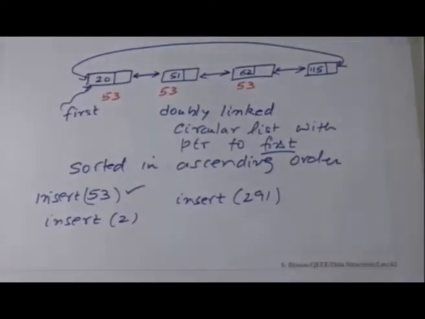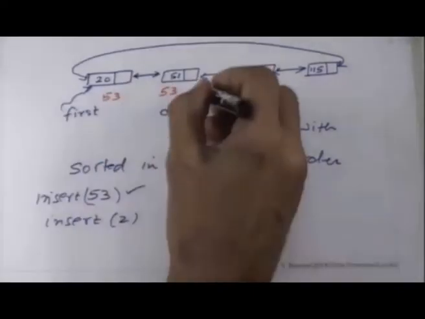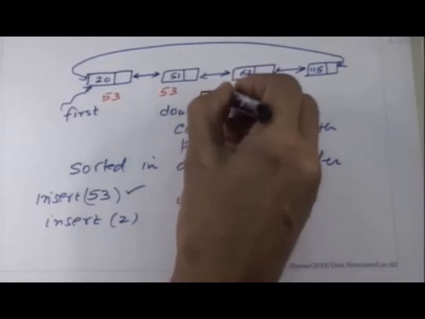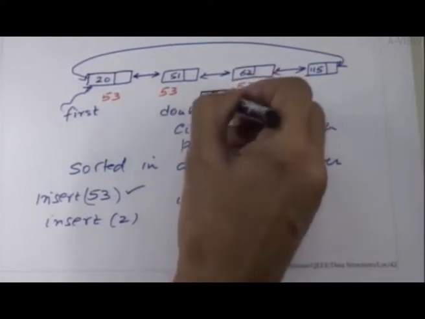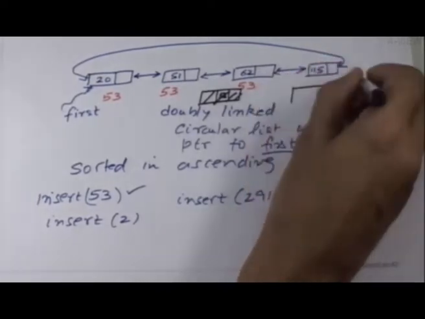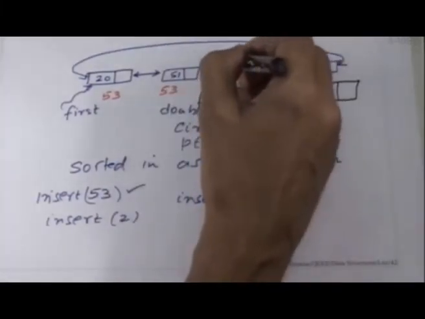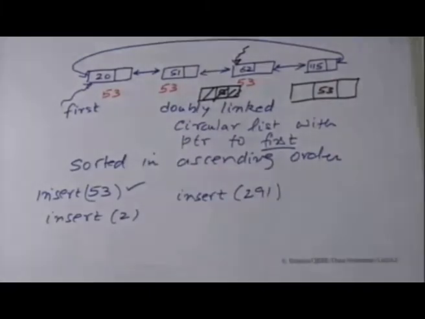Okay, so now let me do it. So here is 53, with both linked fields. Let me draw it more clearly. I have not connected it yet. I am about to connect it to this sorted linked list, but I have already reached this place, 62, where I know I have to insert to make the list once again become sorted.